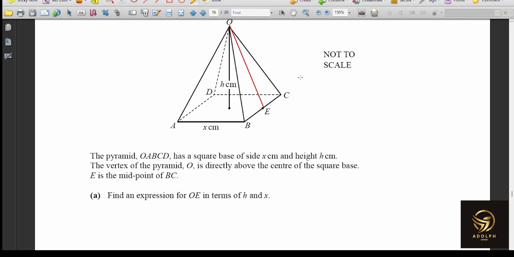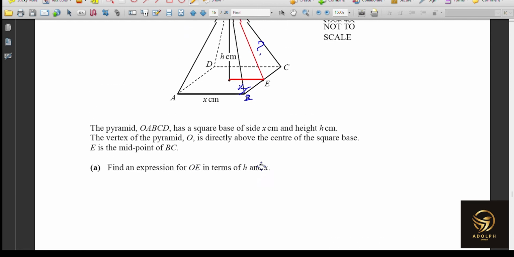So what is OE? It forms a right angled triangle from the center. We know that the height is h and the base is x by 2. So how can you write this OE value?